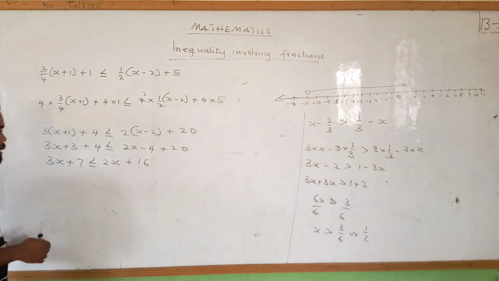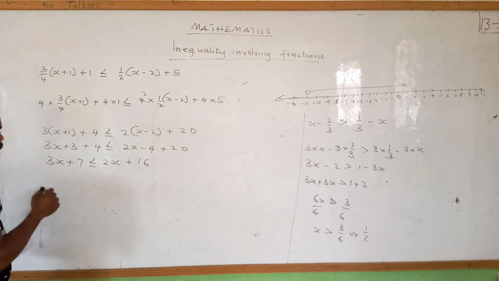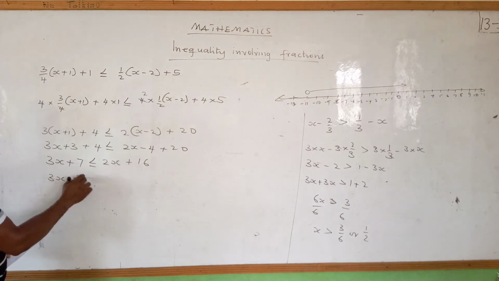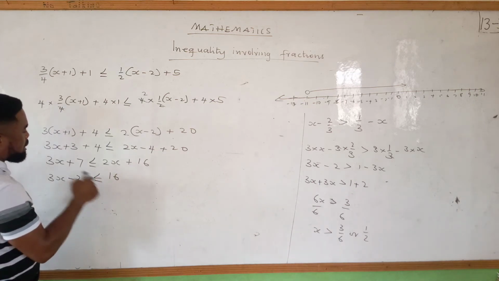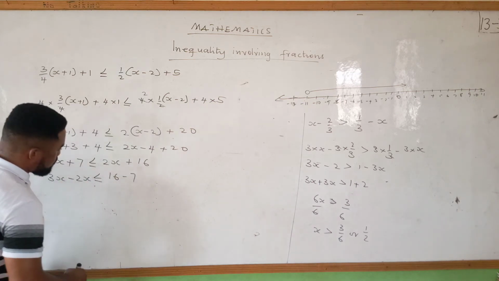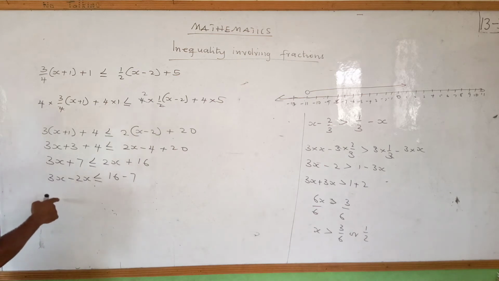Good. Now, let's continue. We are going to have 3x, we can now do power items. So, minus 2x, less or equal to 16, minus 7. Okay. So here, what do we have?